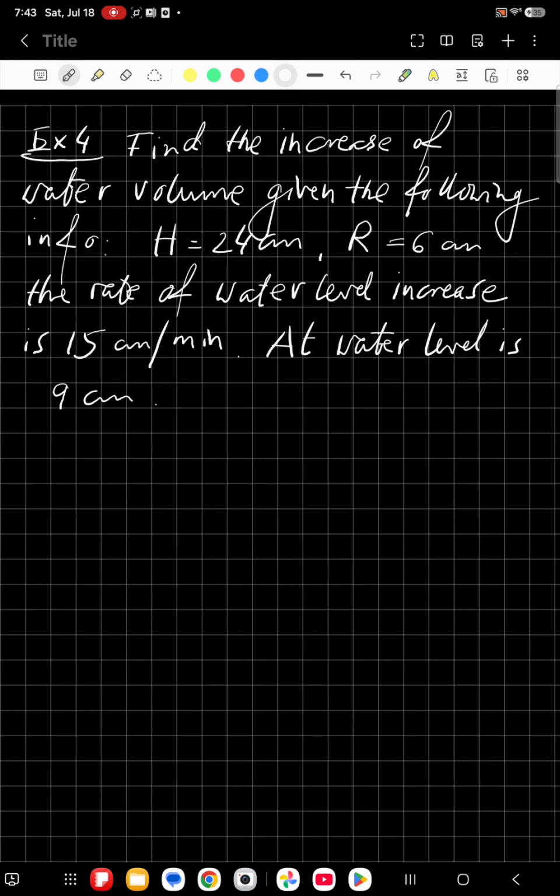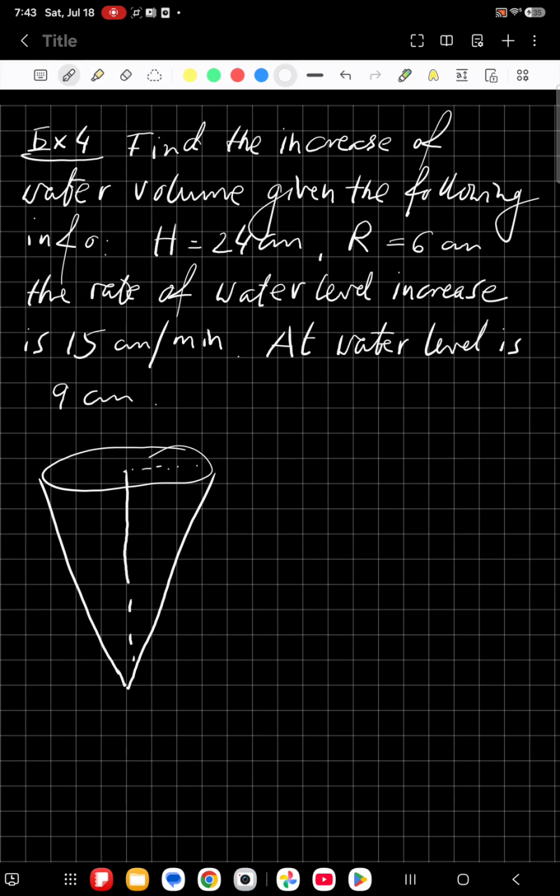Okay, so let's start with the picture. Here's the conical tank. Radius, some kind of central line. Height of the tank was, I believe, 24 centimeters, and I'm going to mark it as a capital H, just to distinguish it from the height of the water level.